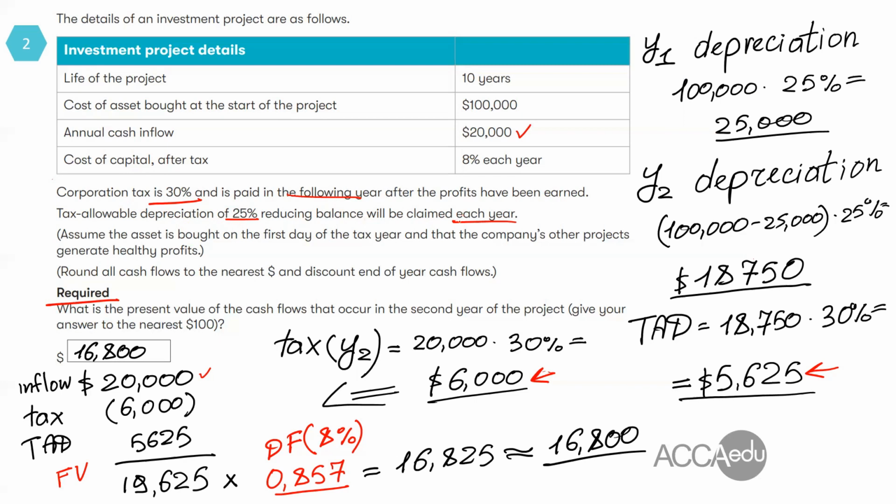That means tax allowable depreciation of the first year is calculated in the first year. So to come up with the present value of year 2, I should come up with the tax allowable depreciation of year 2. From year 1, the asset is $100,000. So depreciation at 25% for year 1 is going to be $25,000.